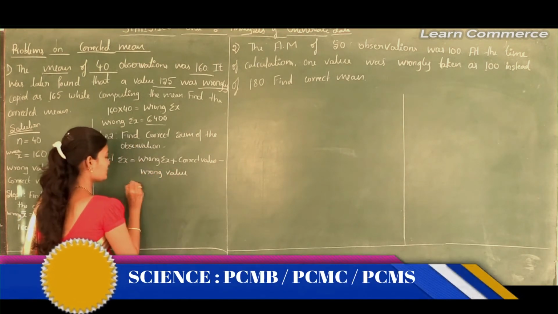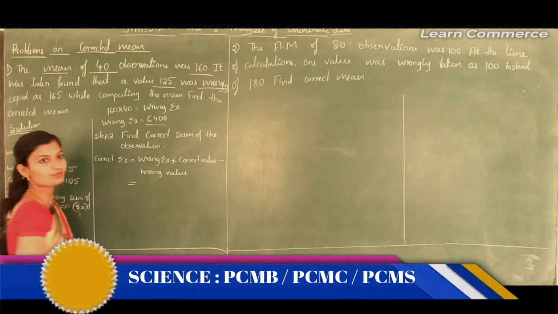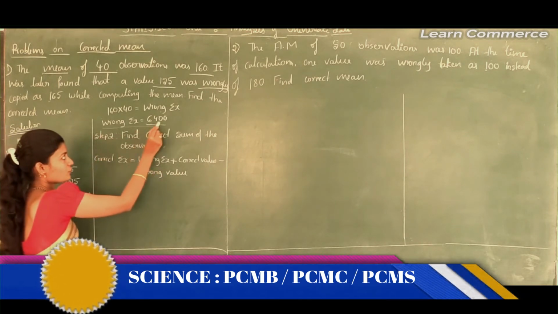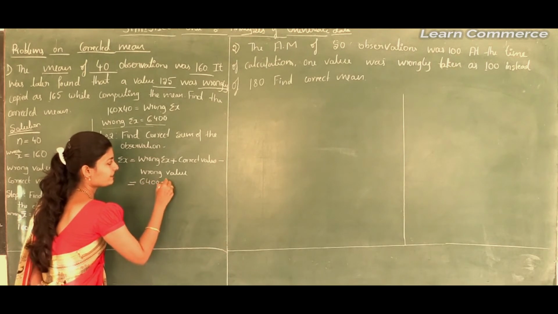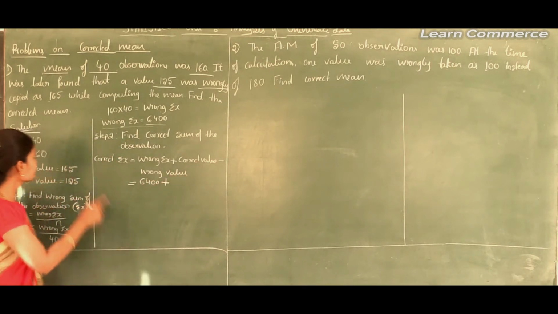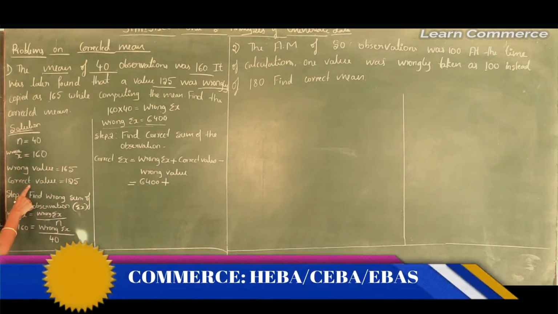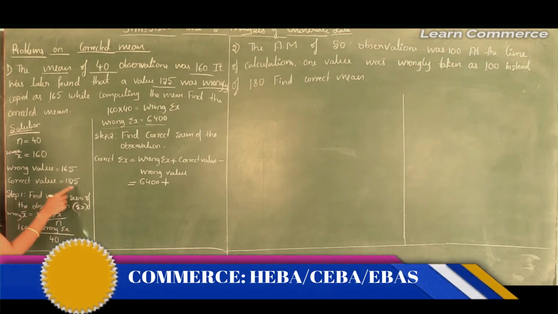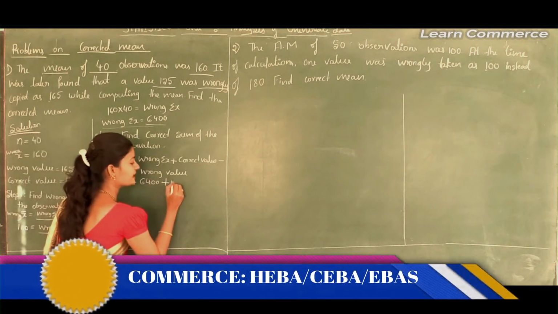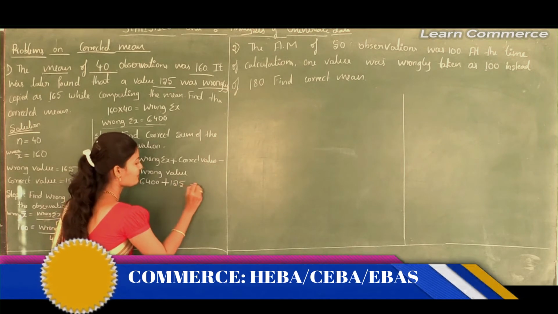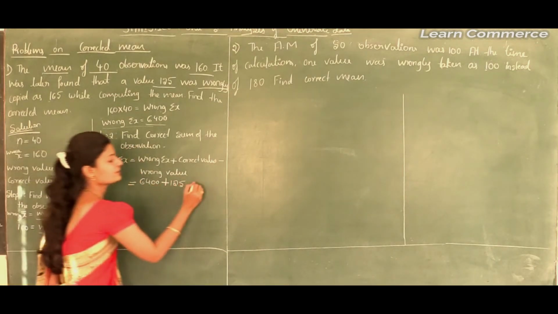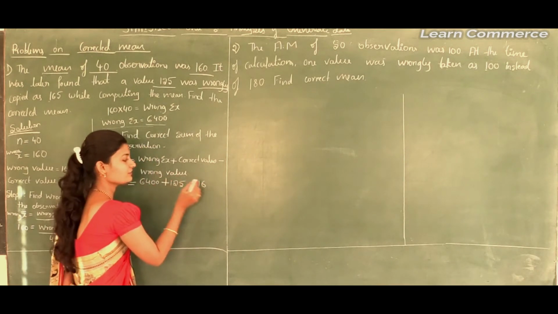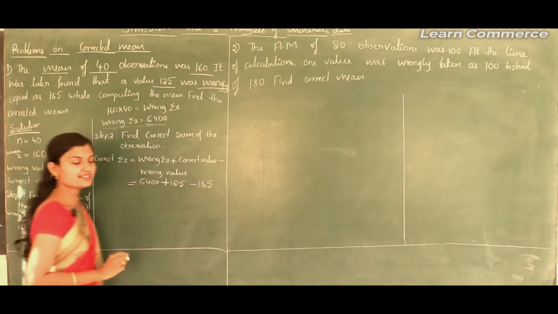The wrong sum of the observations is 6400, plus the correct value, which is 125, minus the wrong value. Here the wrong value is 165, so we substitute 165.